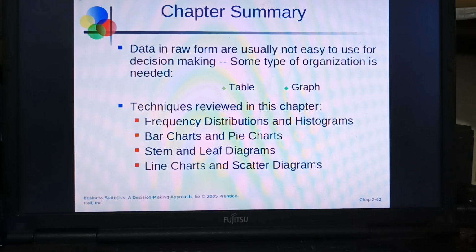Now, the techniques we reviewed in this chapter are frequency distributions and histograms, as well as bar charts and pie charts, stem and leaf diagrams, as well as line charts and scatter diagrams.